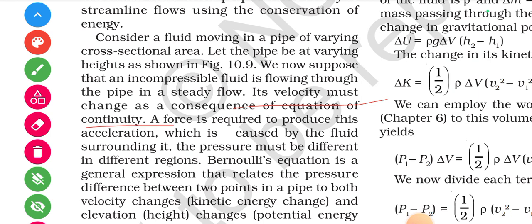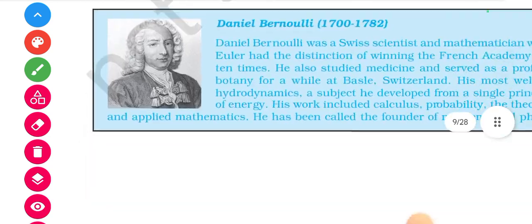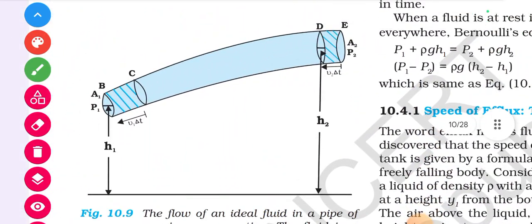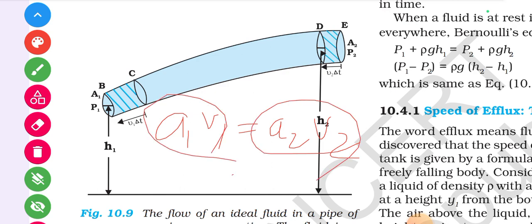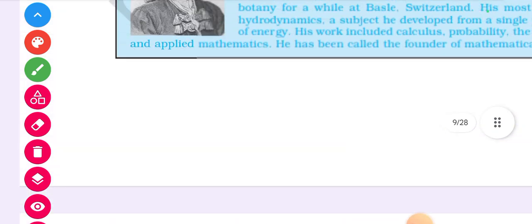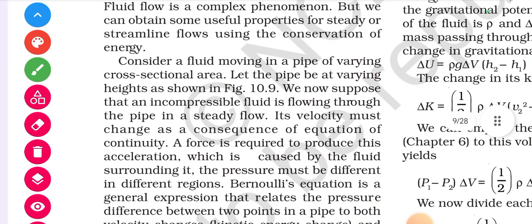Because the area of the pipe is varying, smaller here and larger here, the principle of continuity says a1 v1 is equal to a2 v2. Where the area is less, the velocity will be more, and where the area is more, the velocity will be less.